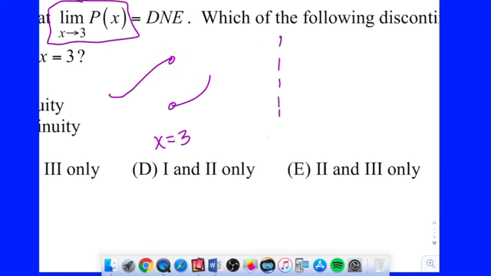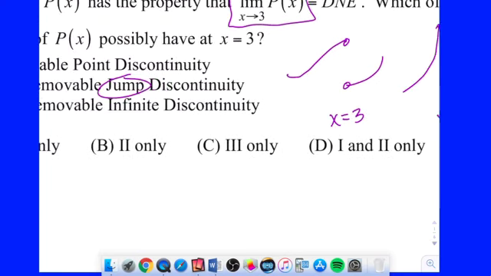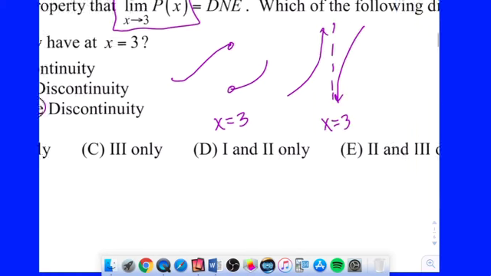Or it could be that we have a vertical asymptote at 3, and now the limit would be D and E because the y values go to either infinity or -infinity. And remember, when you say the limit is infinity or -infinity, you're saying first and foremost the limit does not exist, but now it's because the values increase or decrease without bound. So it would also be an infinite discontinuity, or VA.